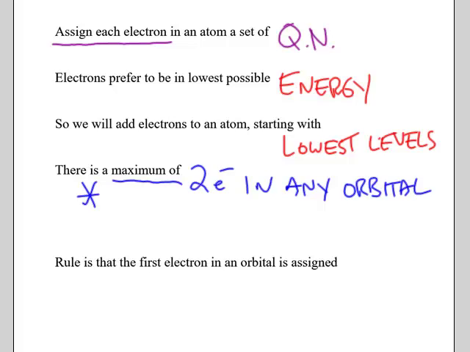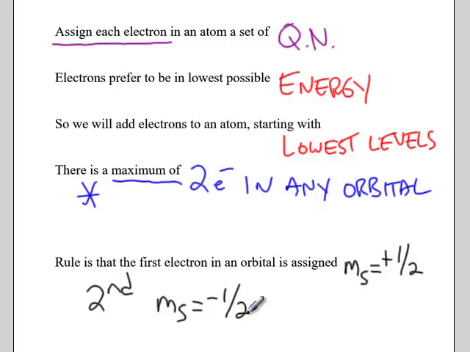So if we have an orbital where we're putting electrons into it, the first electron that goes in is assigned a spin value of positive 1/2. And this is convention, just something you have to remember. That means that the second and final electron in that same orbital has to be given the spin of negative 1/2.